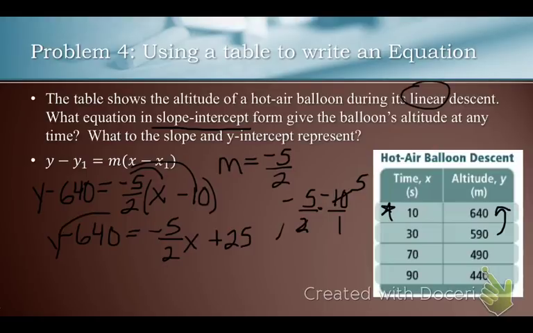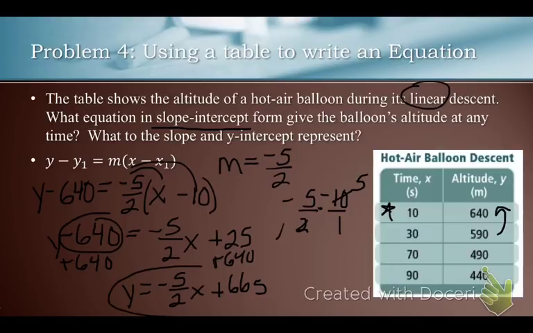Then I can take a look here and add 640 to get that y by itself. To get y equals -5/2x, and then 640 plus 25 is 665, and this does look like my slope-intercept form from my previous days and previous years working with this, so I do believe here that I am good to go.